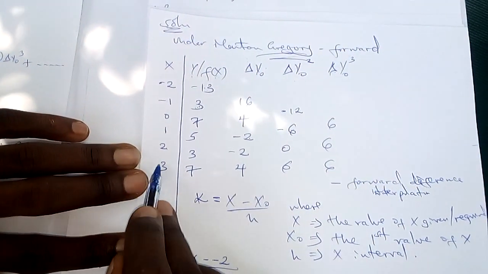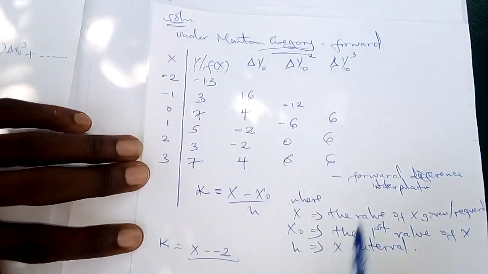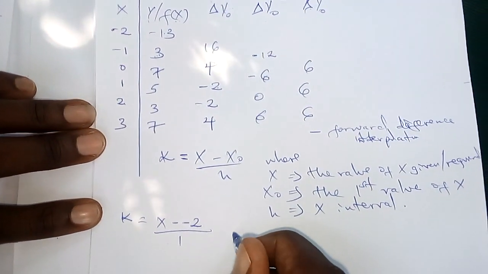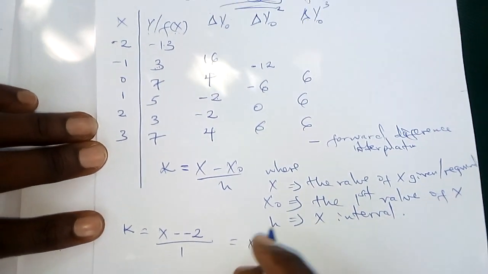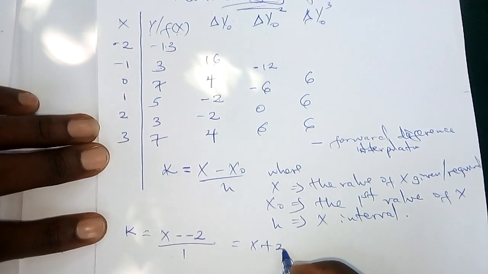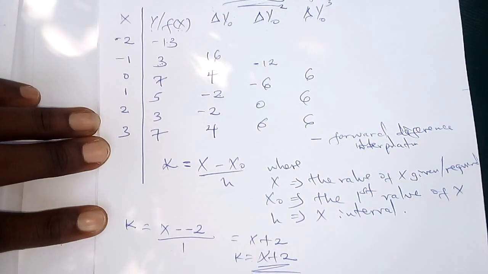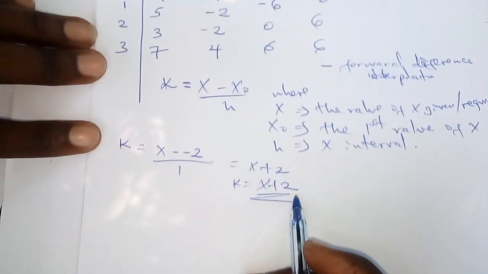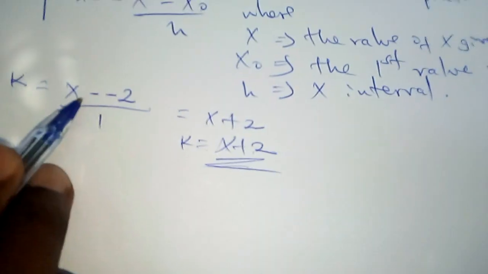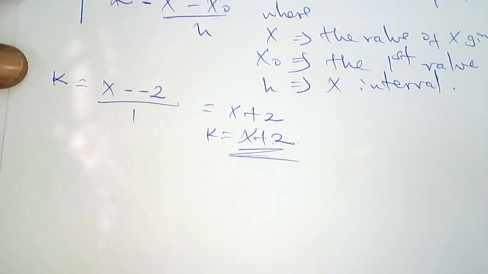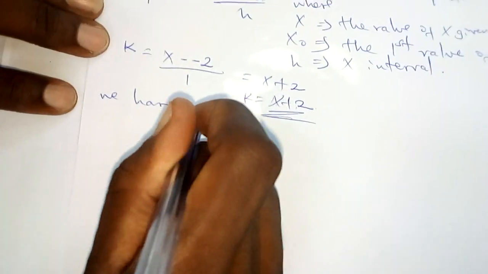The interval h is 2 minus 1, which is 1 throughout, so it is 1. When you simplify, K is equal to x plus 2, since negative becomes positive. So we have the formula.